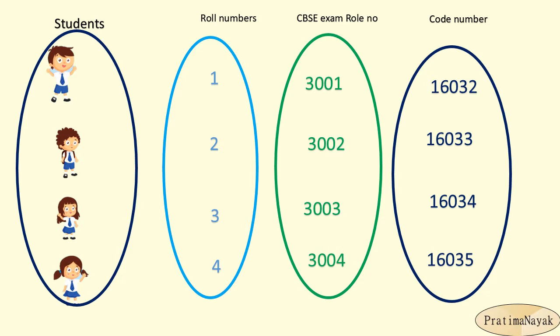So each code number is associated with a CBSE examination roll number. So 3001 is given a code number 16032, 3002 is given 33, 34 and 35. So a function can be defined from CBSE exam roll number to code number.